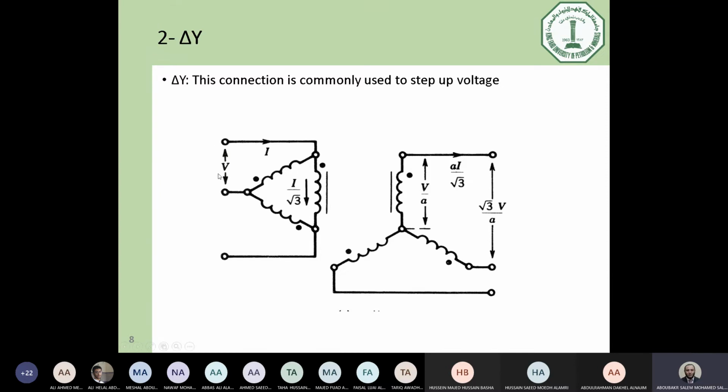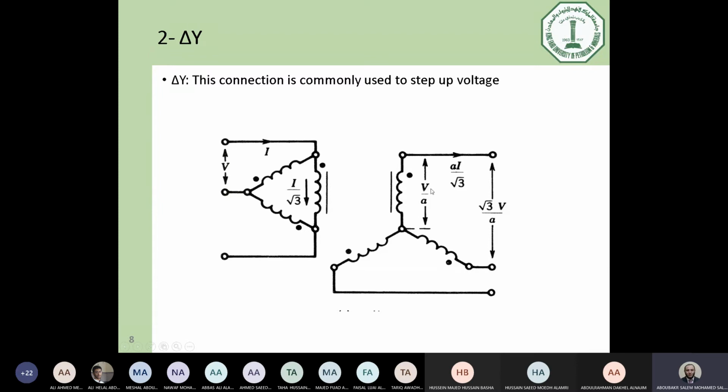If we apply a certain voltage V here as line voltage, because of the delta connection, the phase and line voltages are the same. So the value of V will be transferred by induction to that phase, respecting the turns ratio, so the voltage here will be V over a.